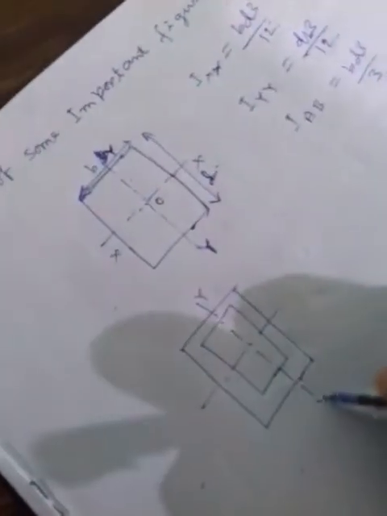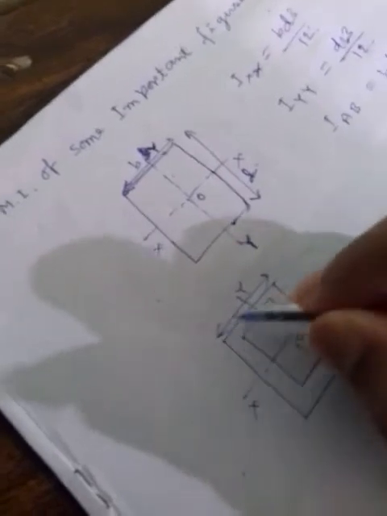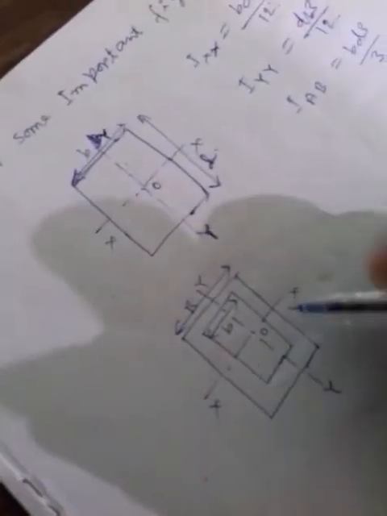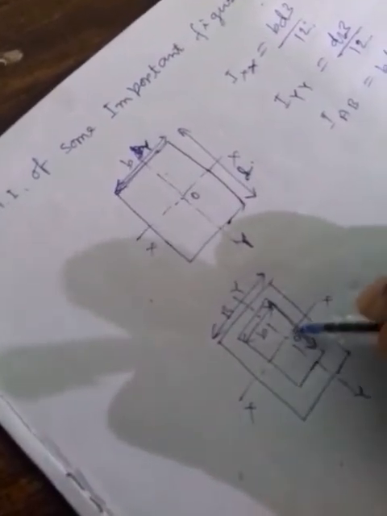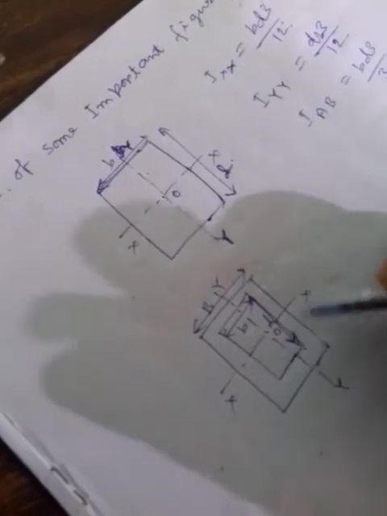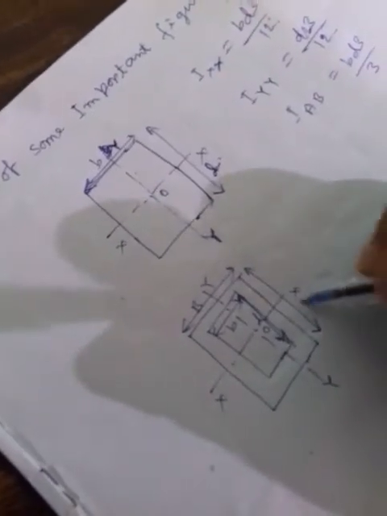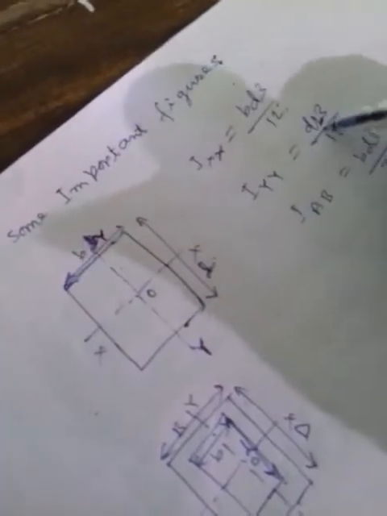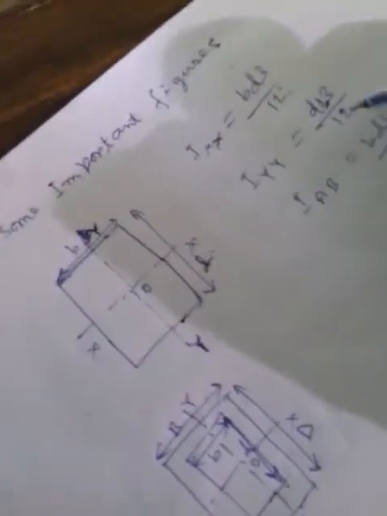Similarly, this is y, this is O, the x axis, and in this case the lengths are: this is small b, this is small d, and this is capital D. In the first note the two formulas were the same, but Iyy will be db cubed.